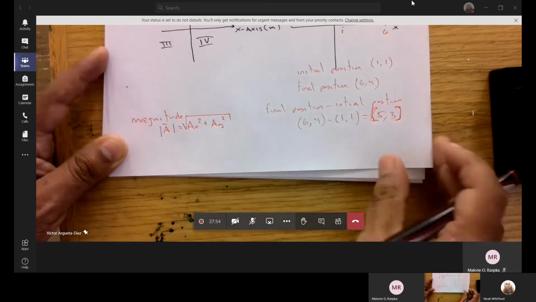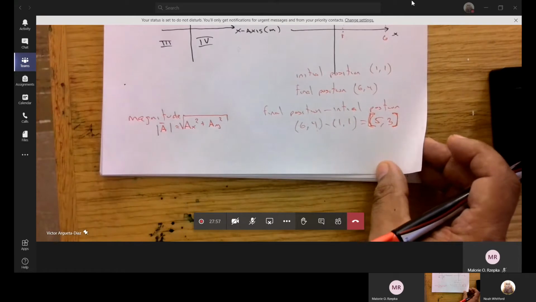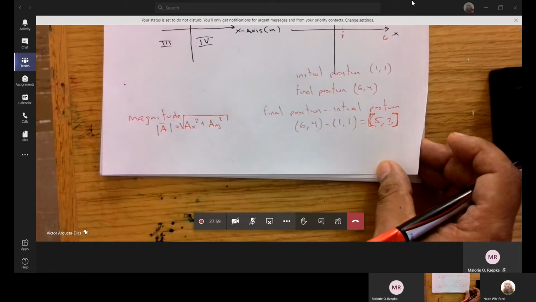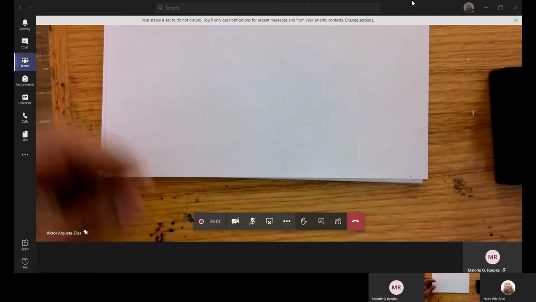Okay, I'm going to do it on a different page, and it seems that I'm getting this formula from nowhere, but I think you're familiar with this formula.